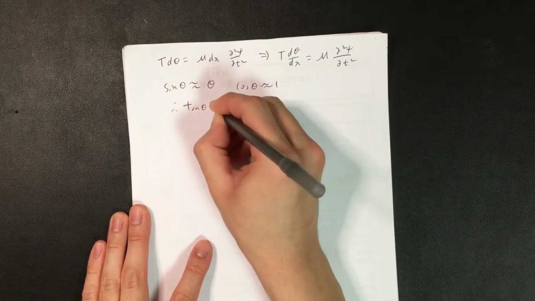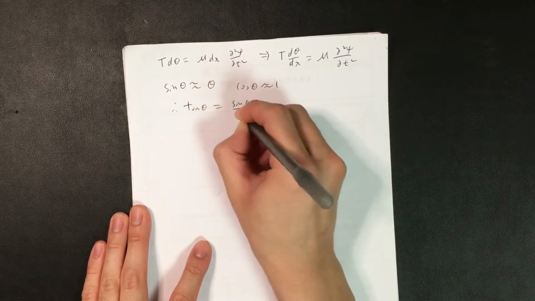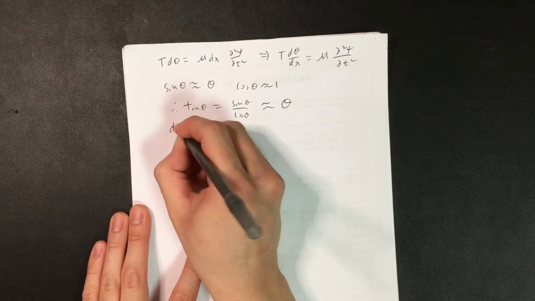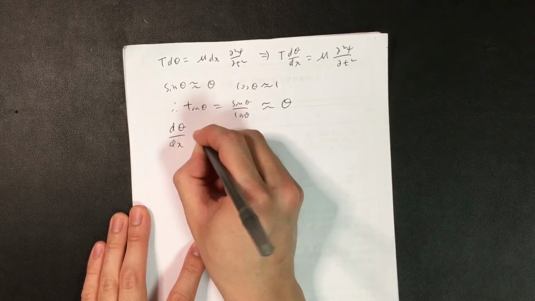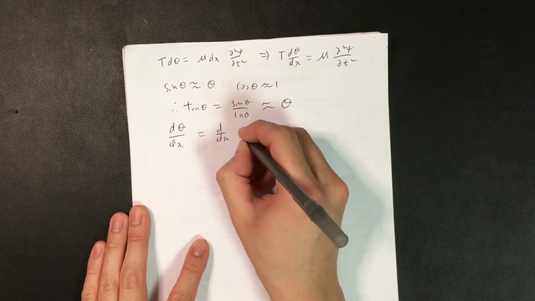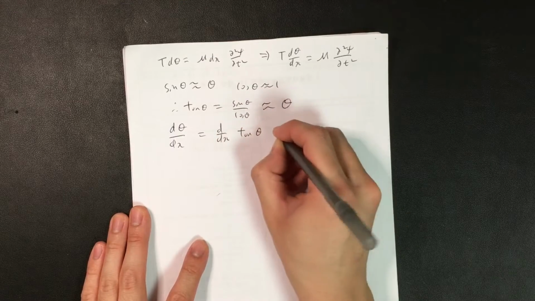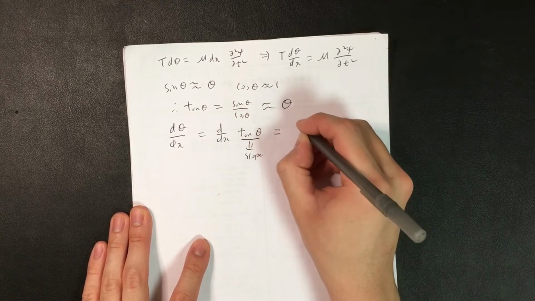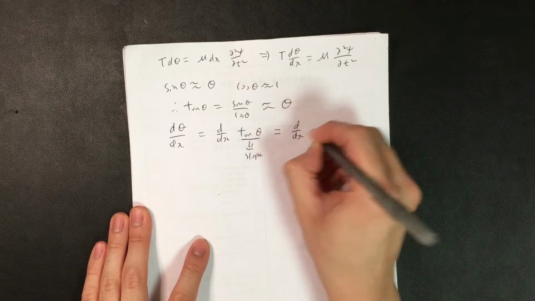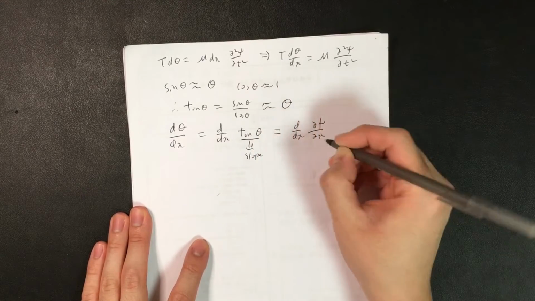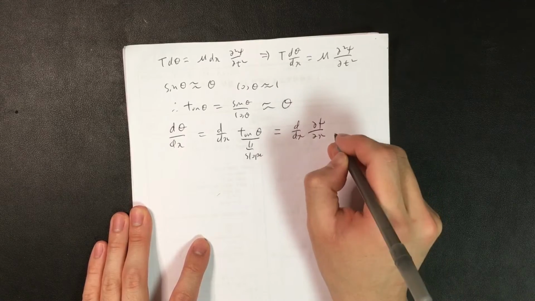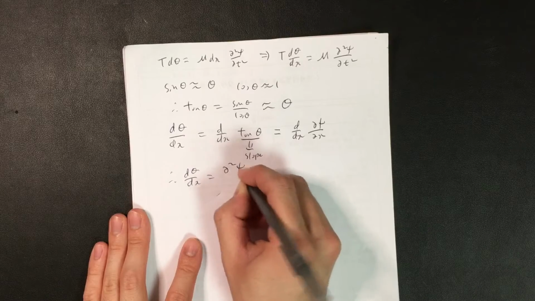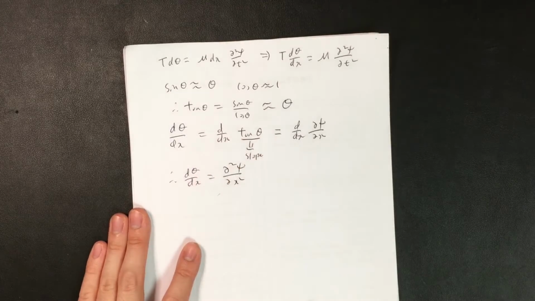Therefore, tangent theta, which equals sine over cosine, is also approximated as theta, which means d theta over dx equals the derivative of tangent theta, and in this case, tangent theta equals the slope, or the partial derivative with respect to x, because we're assuming that time is constant. Therefore, d theta over dx equals the second partial derivative with respect to position.